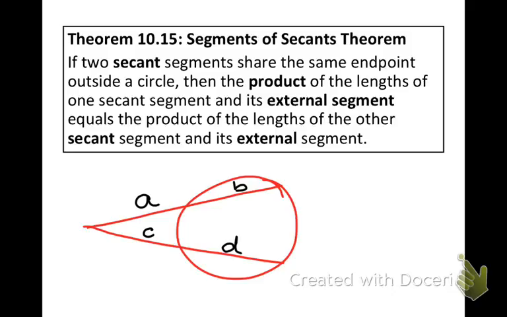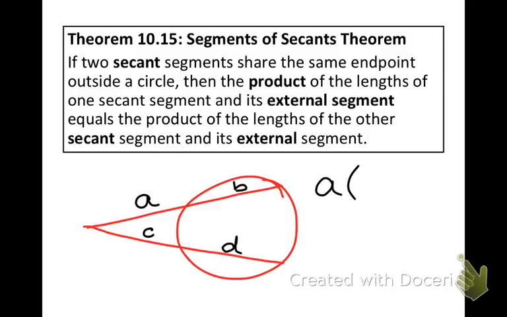Alright, so this theorem tells us that we can take the product of the lengths of the secant segment and its external. So if we focus on the top one, my external part is A. So I'm going to take A, and I'm going to multiply it by the whole entire length.